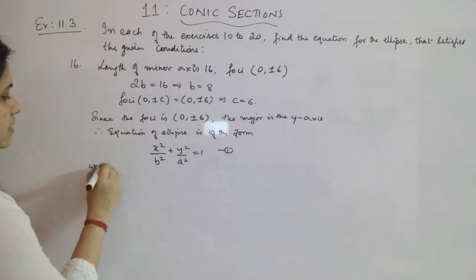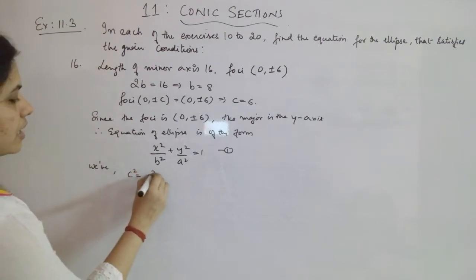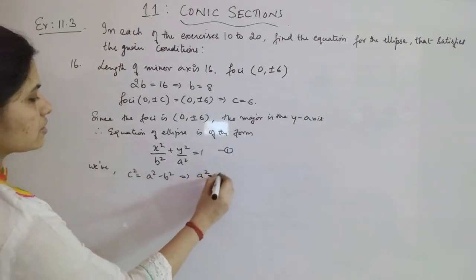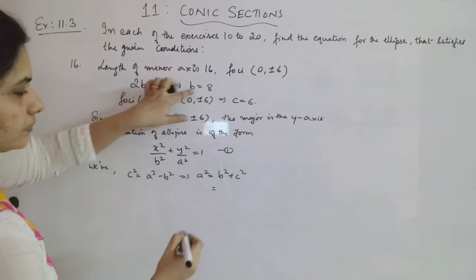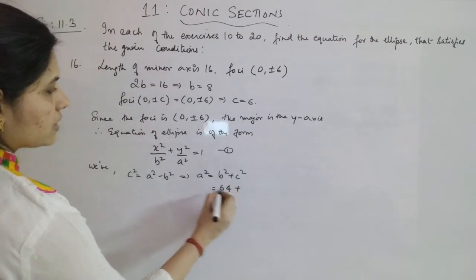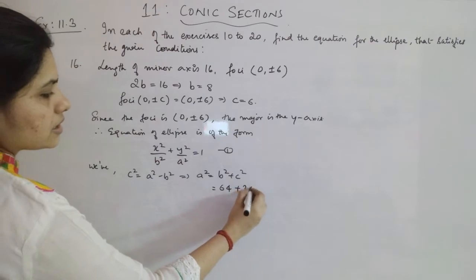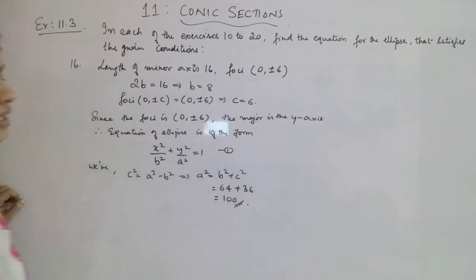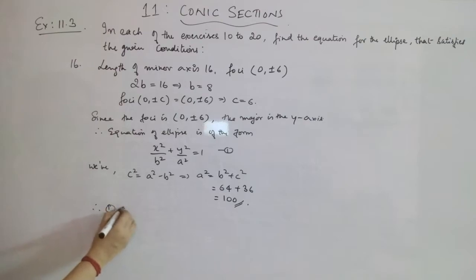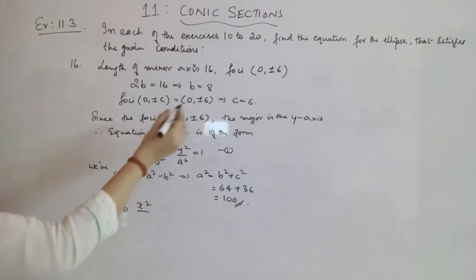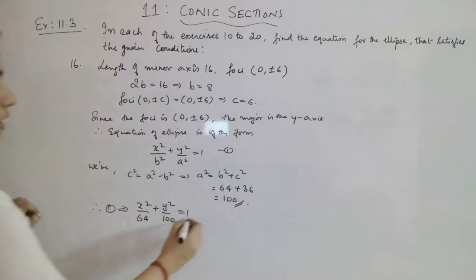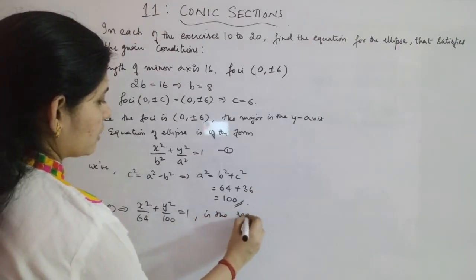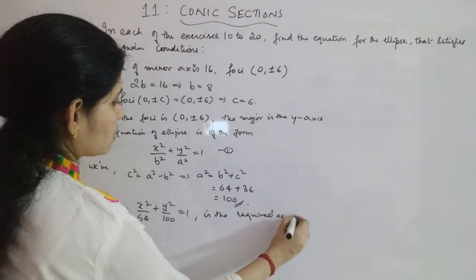We have the relation connecting a, b, c as c square equal to a square minus b square, which will give you a square is equal to b square plus c square. B square is 8 square, which is 64. C square is, what is c? 6. So it is 36. This will give you 100. So you are getting a square as 100. Therefore equation number 1 becomes x square by 64 plus y square by 100 equal to 1. This is the required equation.